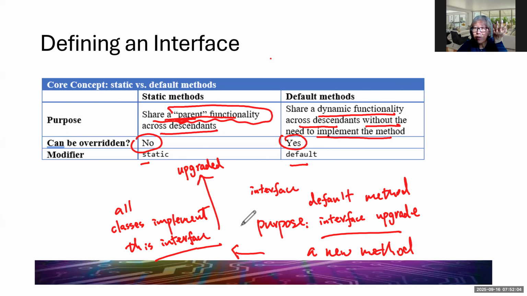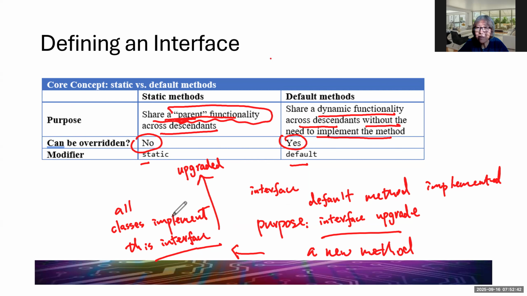So that can mean compatibility problems, and that will be too much hassle. So a way to avoid it is that you just provide a default method that's implemented. Then whichever class implements the interface doesn't need to make the corresponding upgrade for the default method, because it's already implemented.